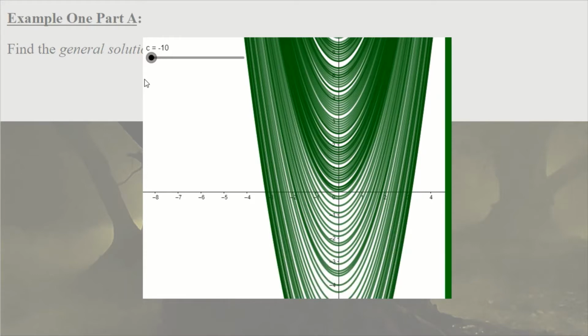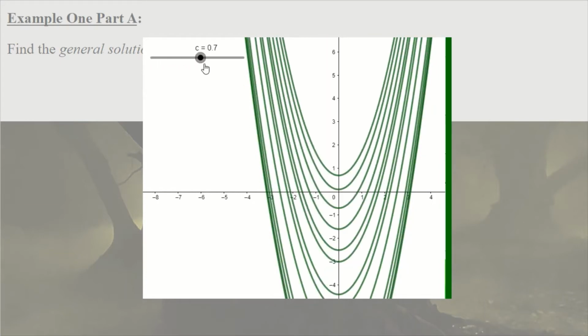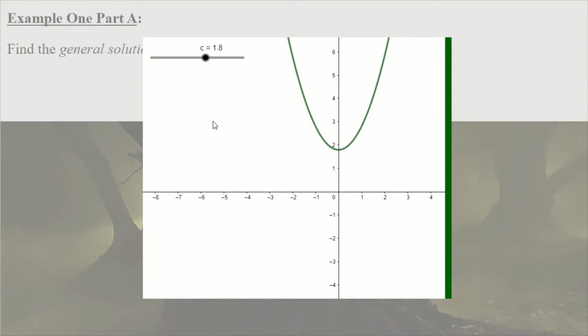As long as I can vary my c and choose whatever I want, the general form will follow this pattern, but there is no way I can pick out a particular solution unless I select a particular value of c. So such as, let's say 1.8, for example, that will fix me at a particular position.